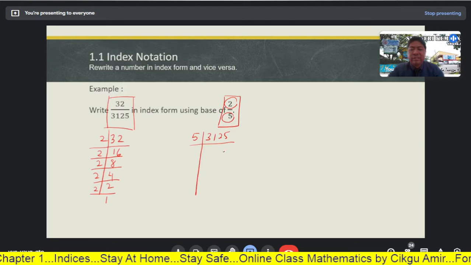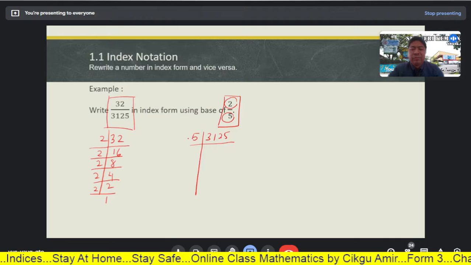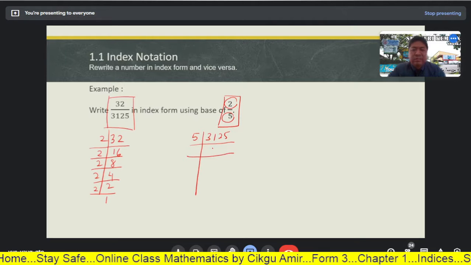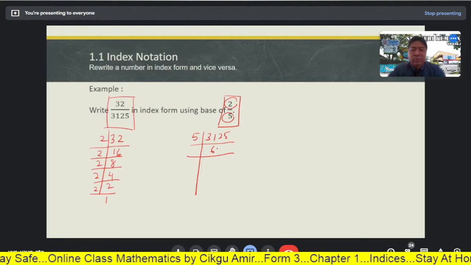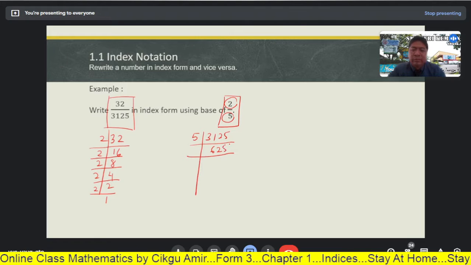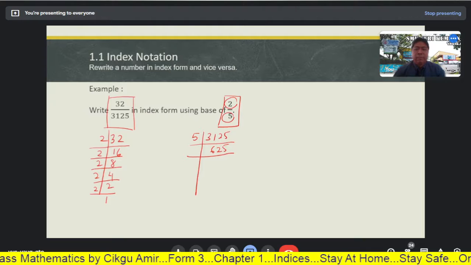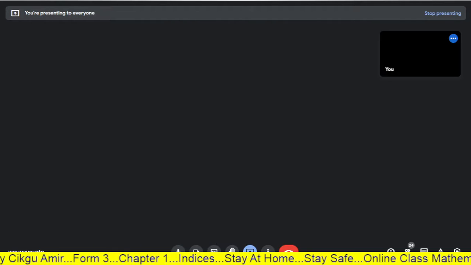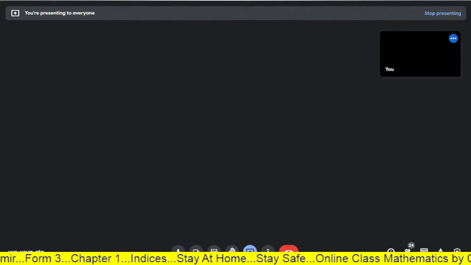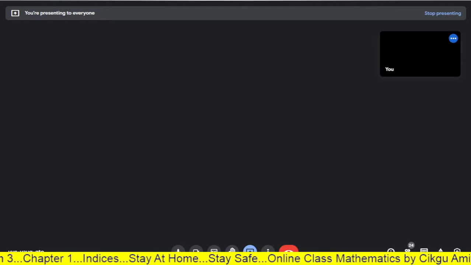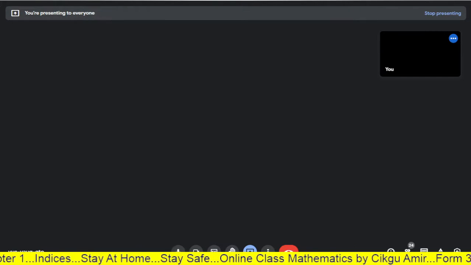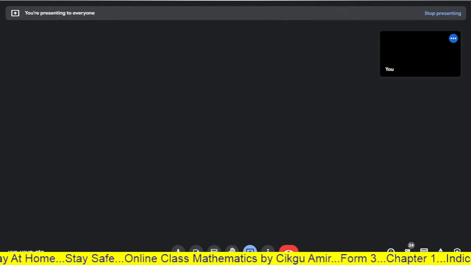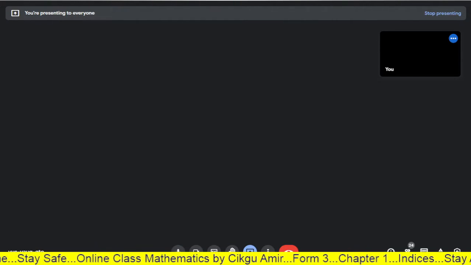In the lower side, 3125 divided by 5 you get 625. Divide until it becomes 1. Divide by 5, 125. Divide by 5 again, you have 25. 25 divided by 5 again, you get 5.